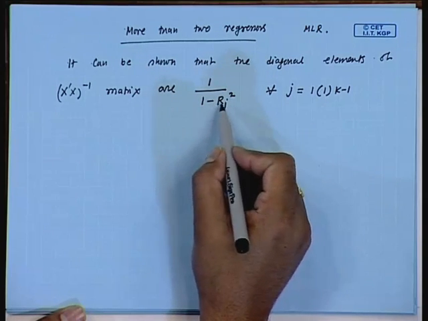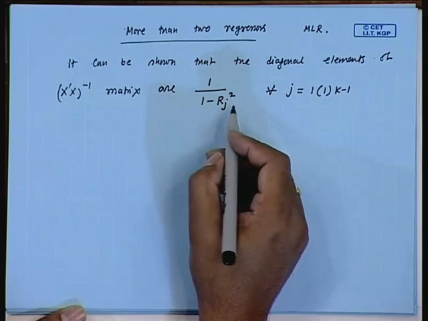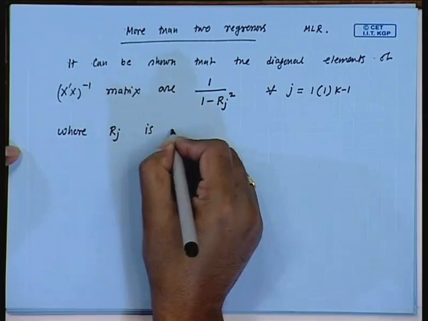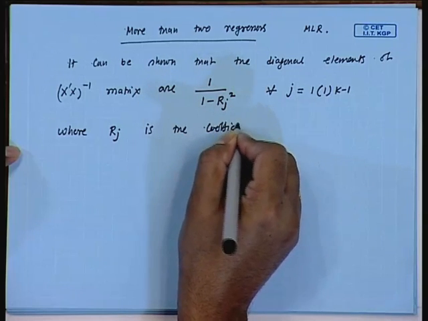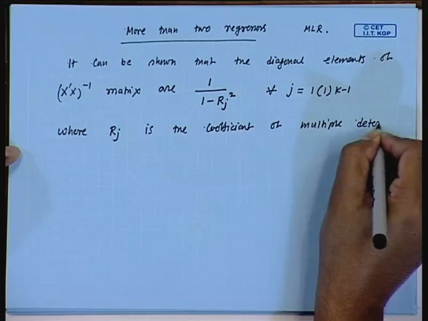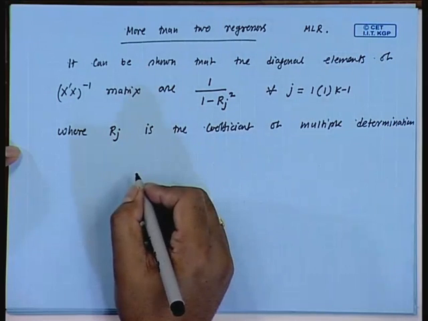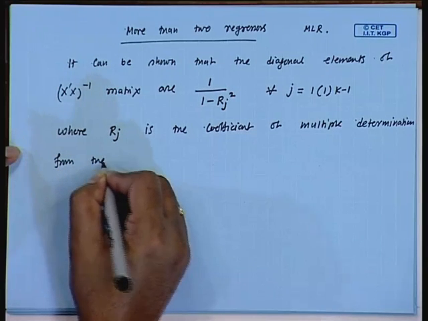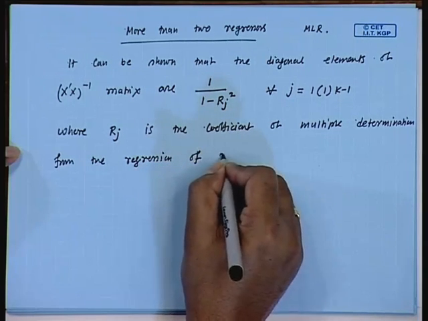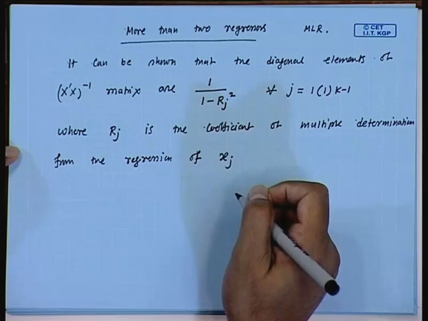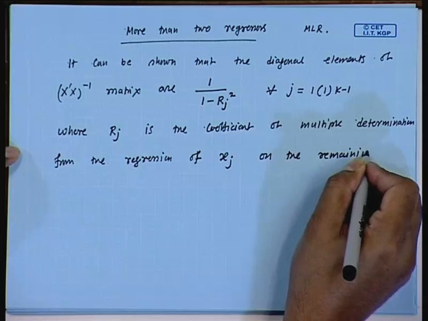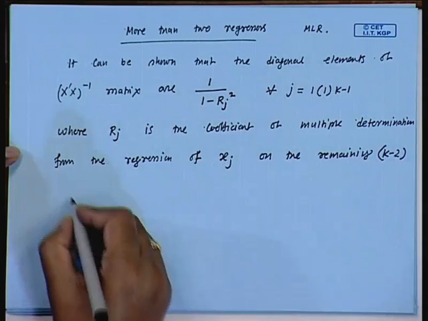Now, R12 has been replaced by Rj, where Rj square is the coefficient of multiple determination from the regression of xj on the remaining k minus 2 regressors.